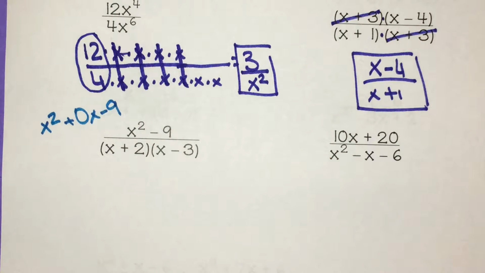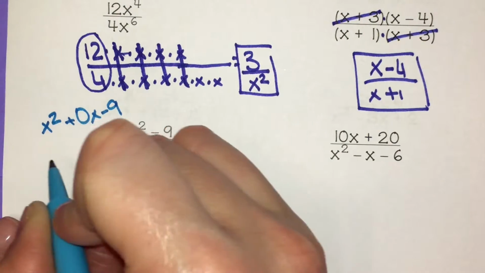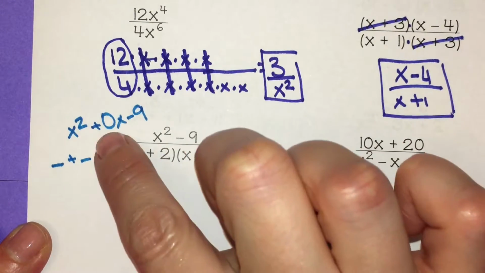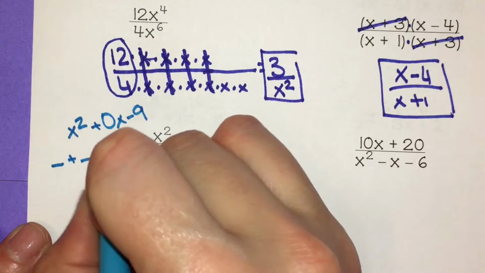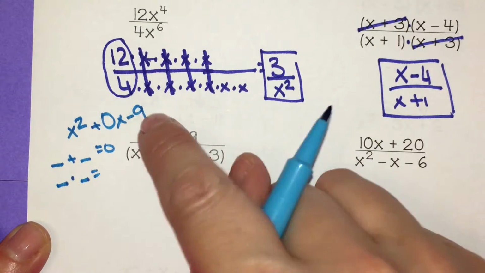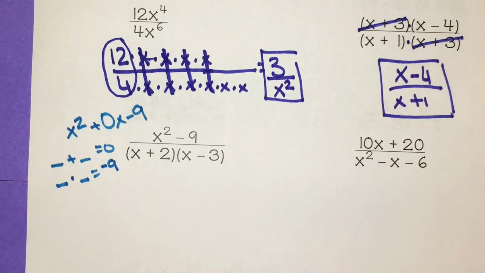When I factor this, you always look at what you add together to equal the number multiplied by x, in this case 0, and what you multiply together to equal the constant, the number by itself, which is negative 9. I know you've done it before, just reinforcing how you factor.